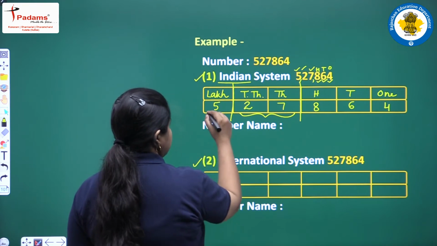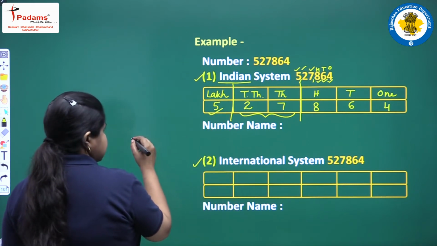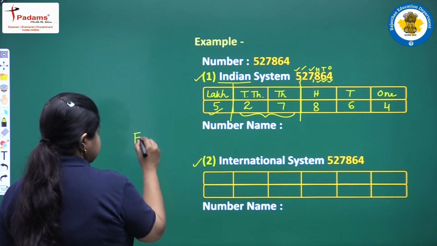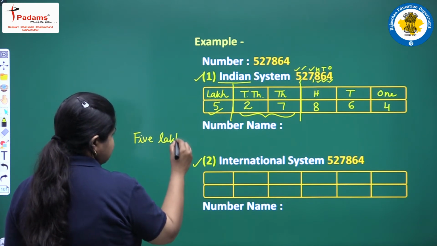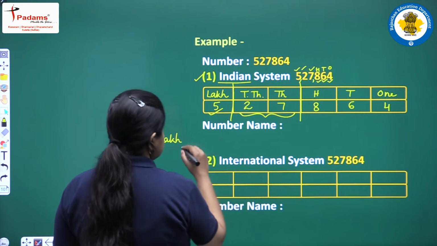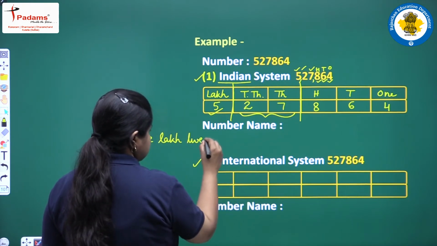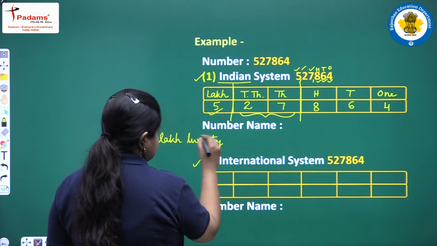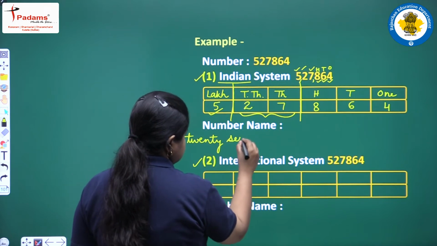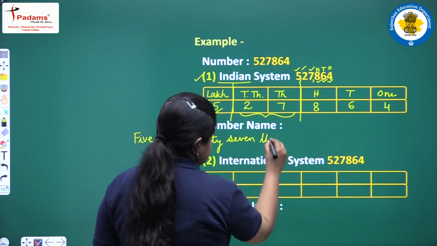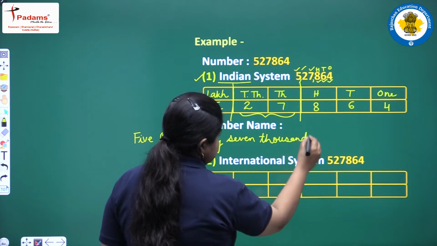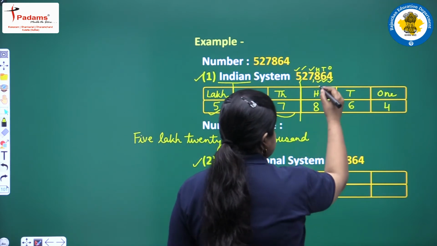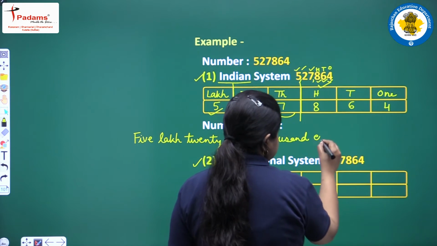We have 5 lakh in the starting, so we write it as 5 lakh 27,000, then we take 800.